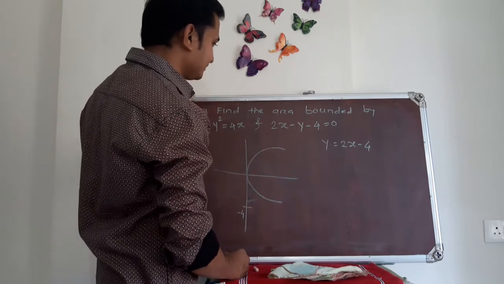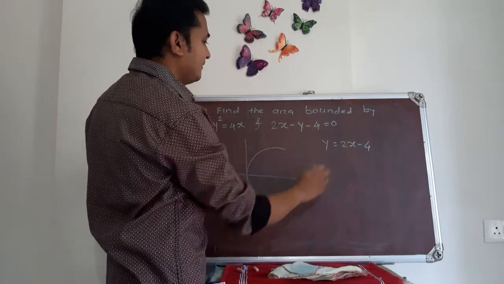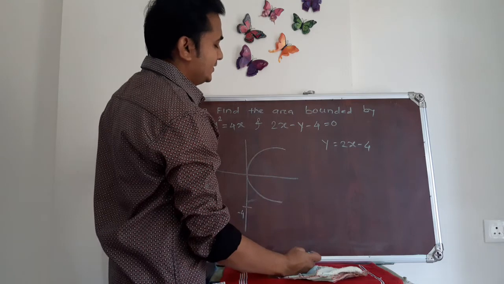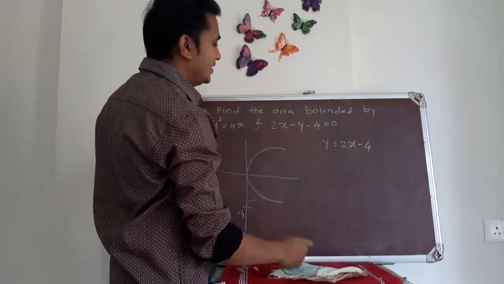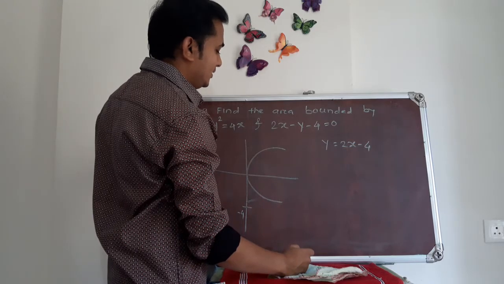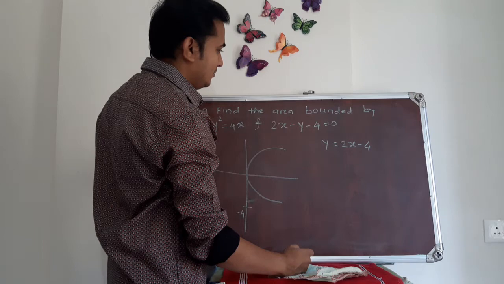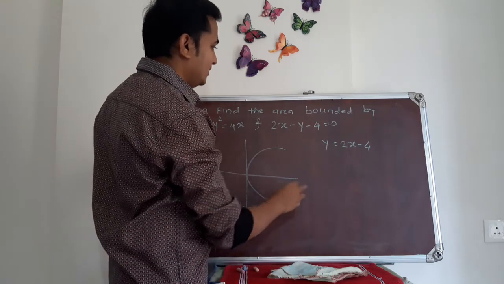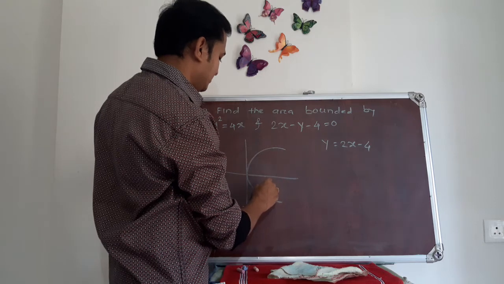Then put x is equal to 1, 2 minus 4, minus 2, so at 1, here it is minus 2.